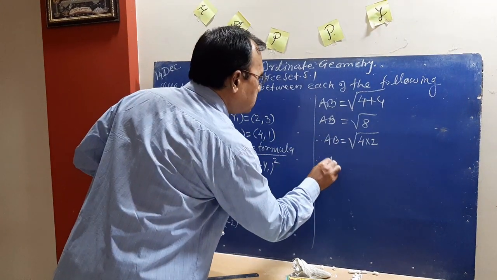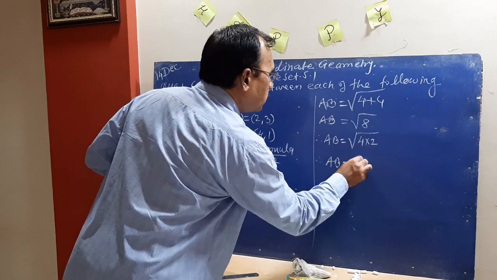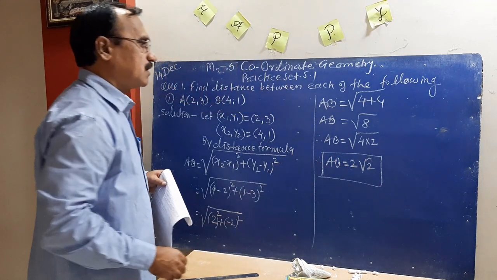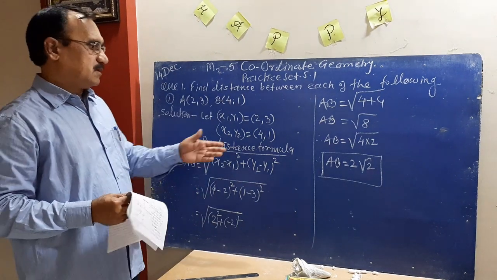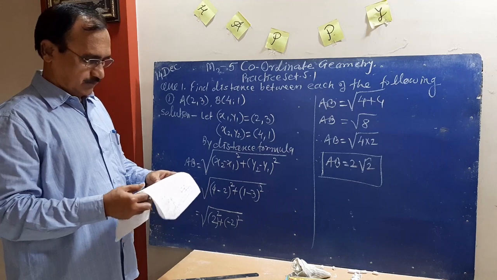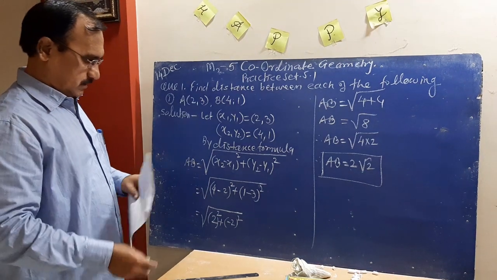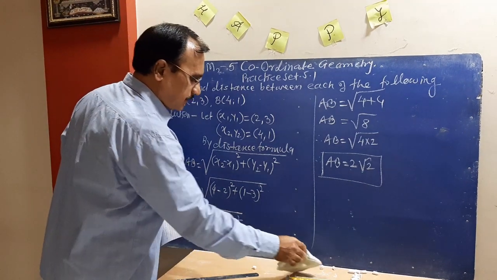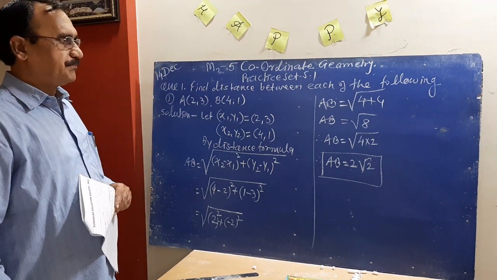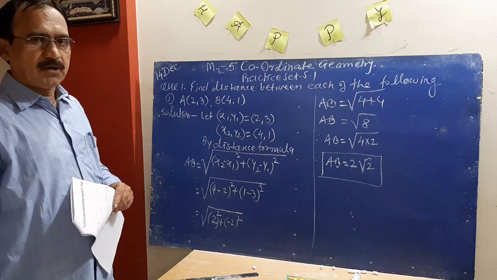Therefore the required answer is AB is equal to 2 root 2, the final and required answer. See, very easy example. Write down carefully. If any problem, you can call me.